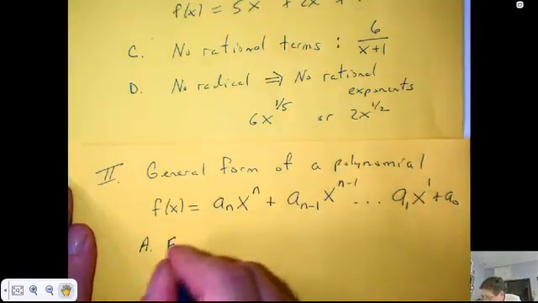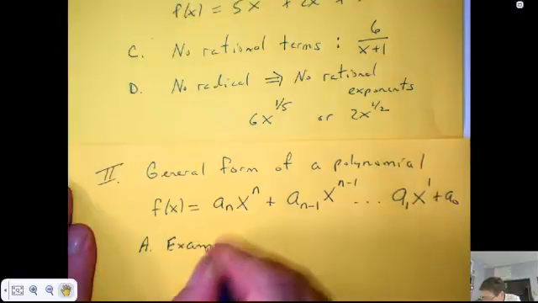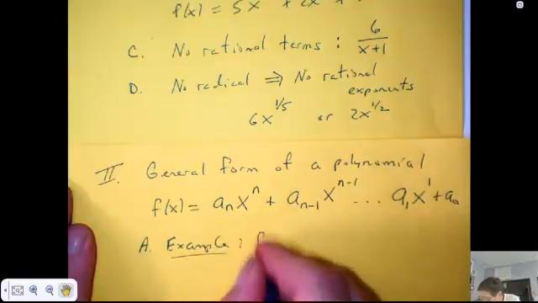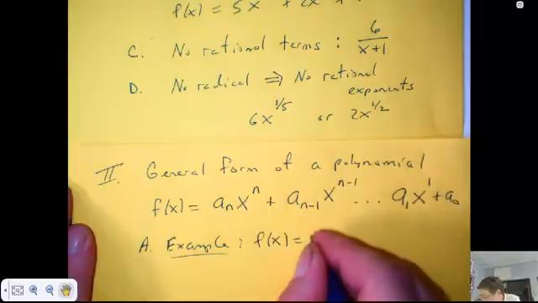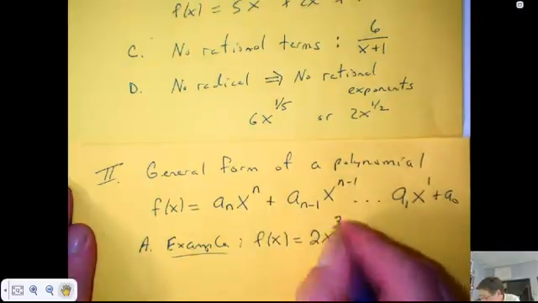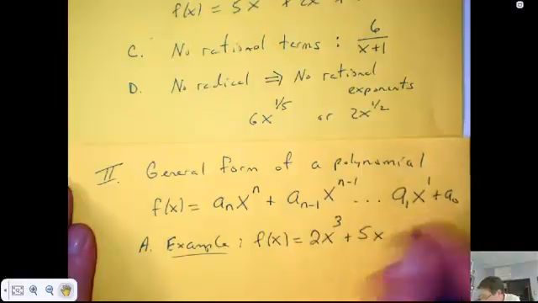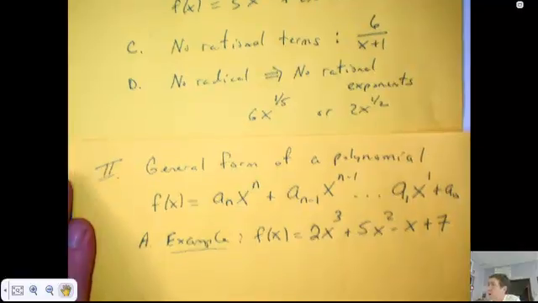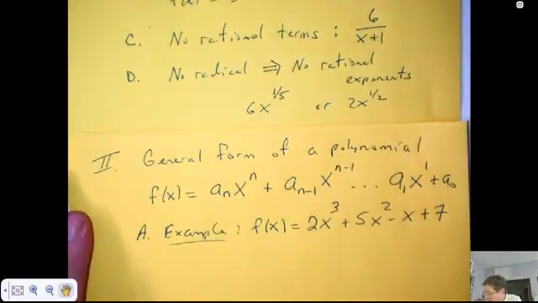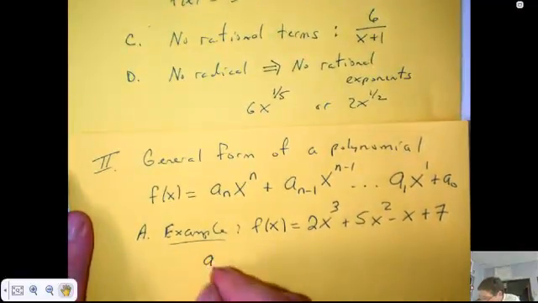So like an example. If we had f of x is 2x cubed plus 5x squared minus x plus 7. Okay, so what is a sub 3 equal to?